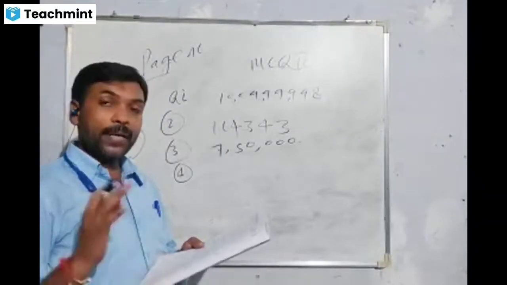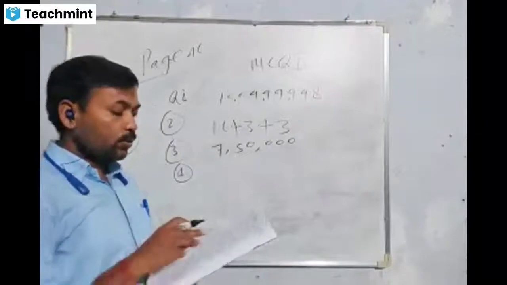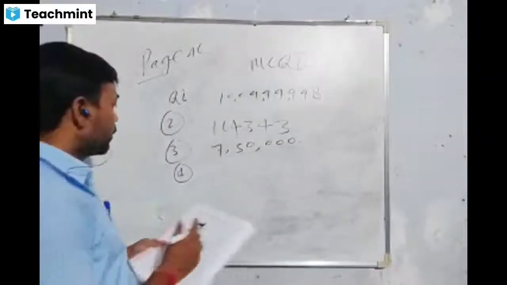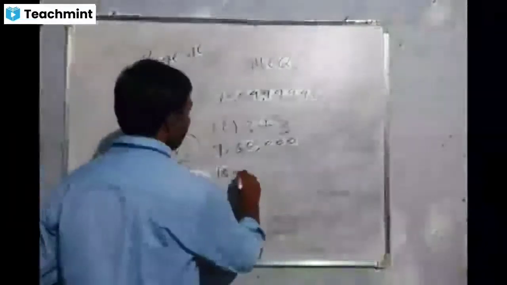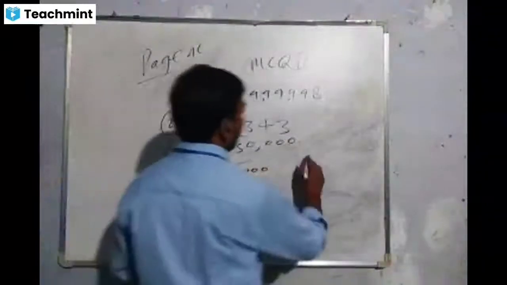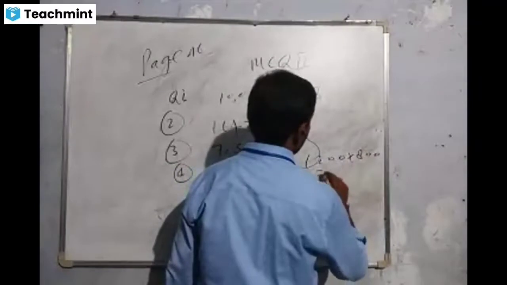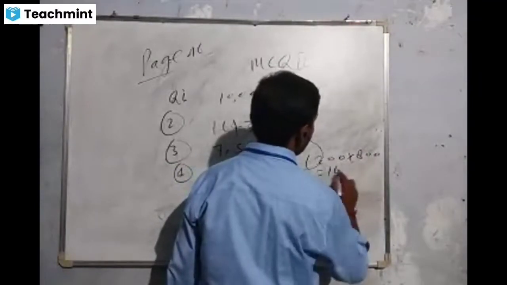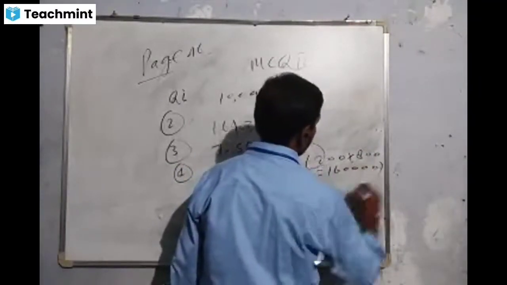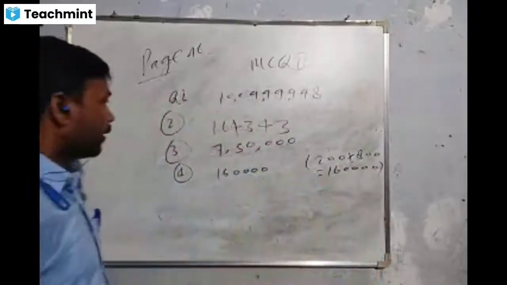If you multiply 800 by 200, you get 160000, so the first option is correct. Multiplying 200 by 800, 2 eights are 16 and 4 zeros. In this way you can write.